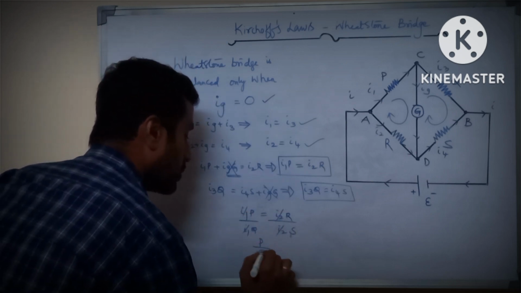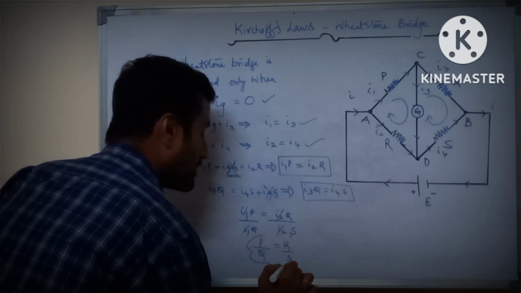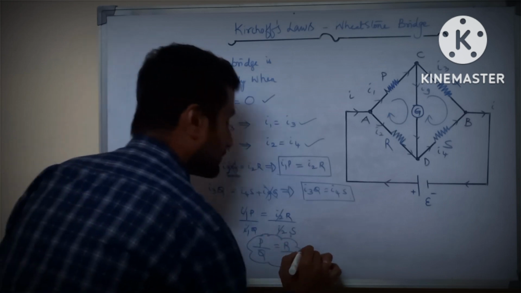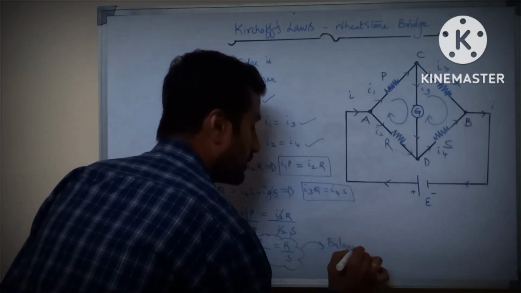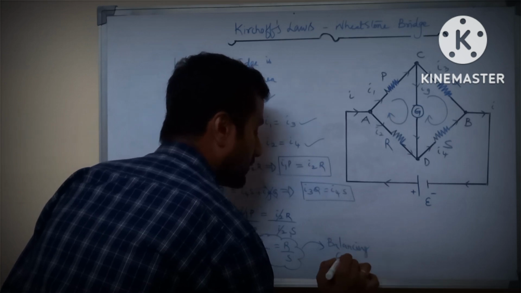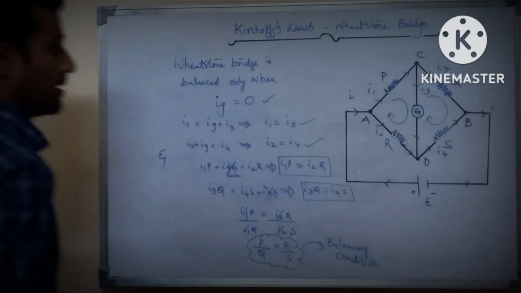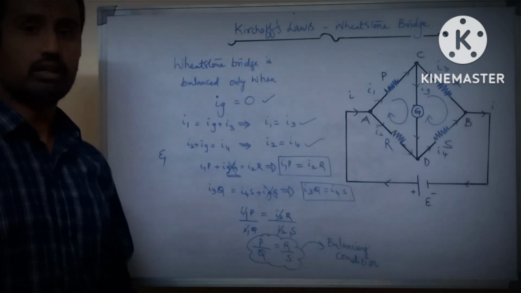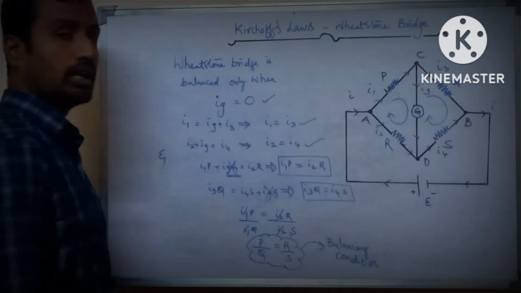Therefore, P by Q is equal to R by S, which is the balancing condition for the Wheatstone bridge. By using this balancing condition, we can calculate the unknown resistance in the circuit.